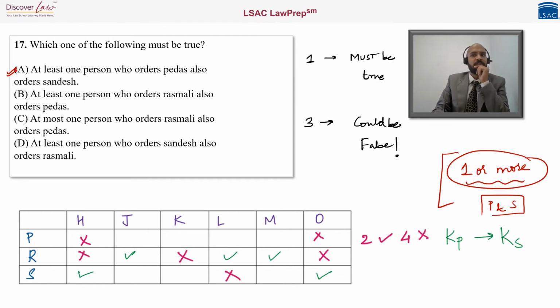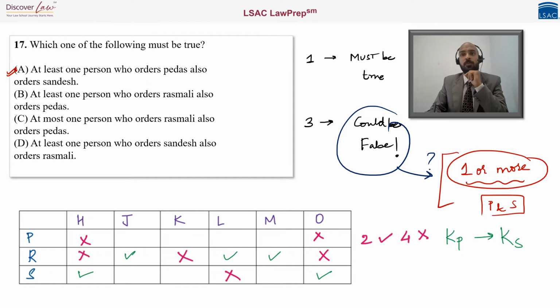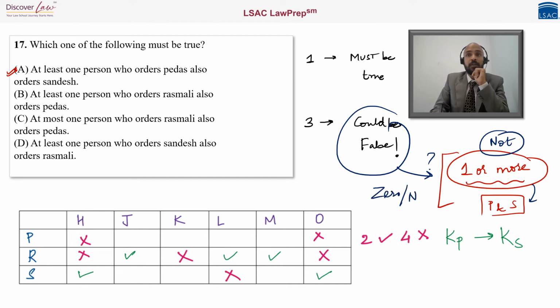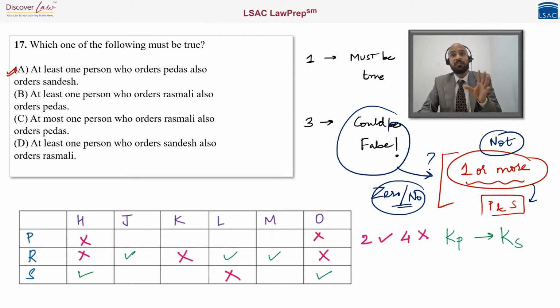Now you ask yourself the question, could this be false? Which means, is it possible for us not to have one or more people ordering this? Which basically means, can we have zero people ordering P and S? When you want to find out if this could be false, you're looking whether it is possible for no person to order both P and S.